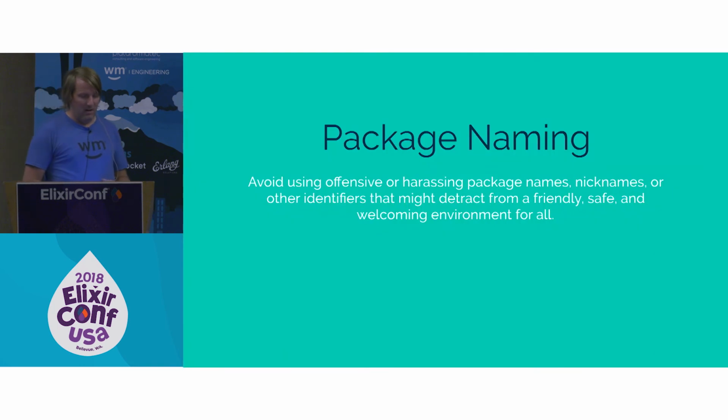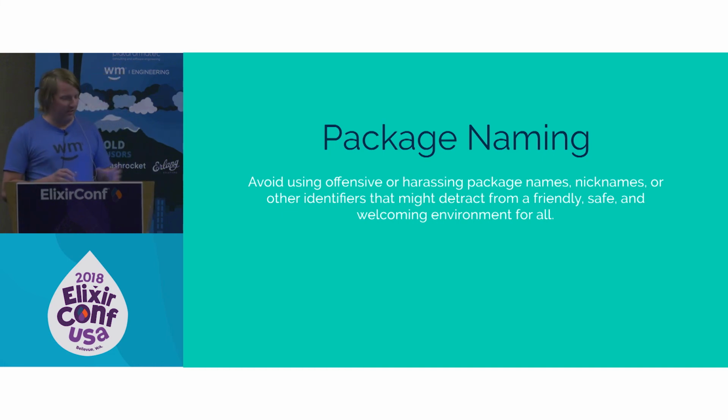All right, package naming. So I want to add a library. What am I going to name it? I'm going to read this verbatim because I think it's really, really important, and I want to make sure it gets the gravitas that it deserves. Avoid using offensive or harassing package names, nicknames, or other identifiers that might detract from a friendly, safe, and welcoming environment for all.